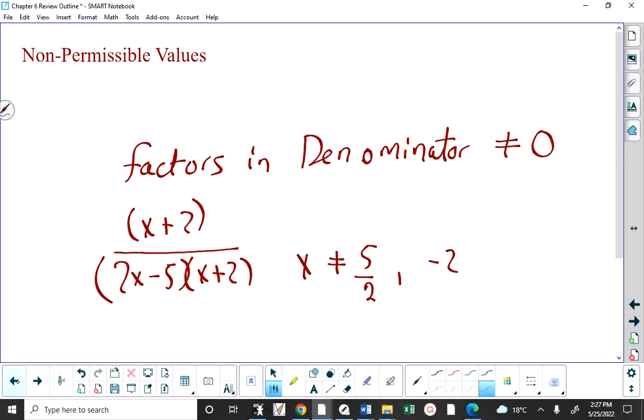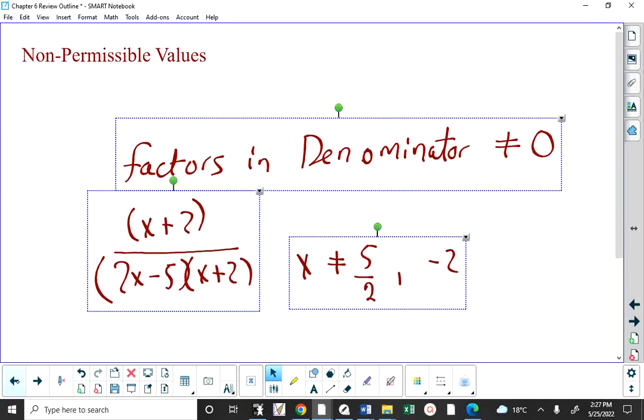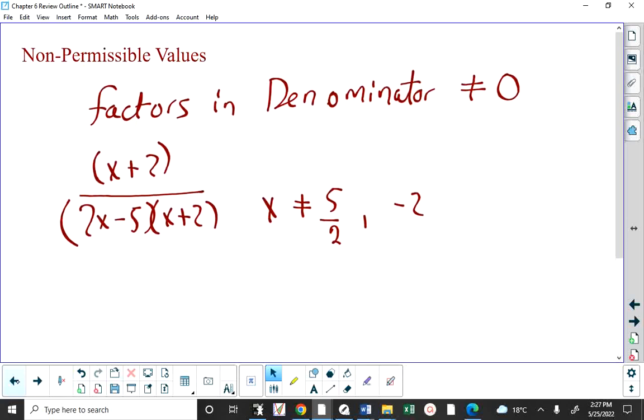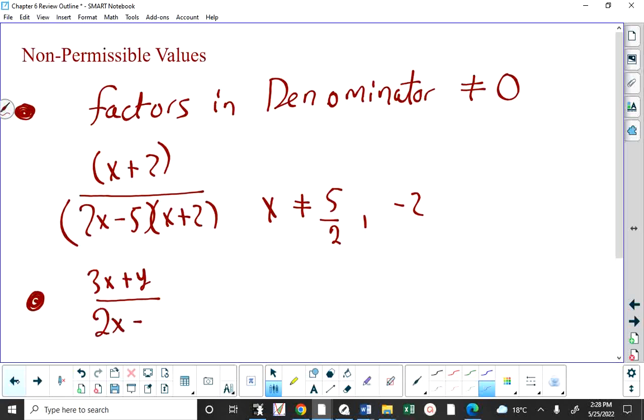There is one other situation here that we need to talk about with non-permissible values, and I'll just do this by way of an example. This. Are there non-permissible values here?